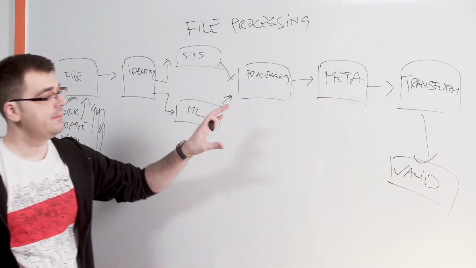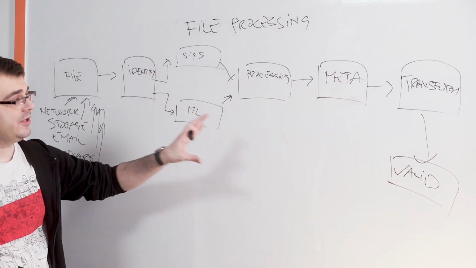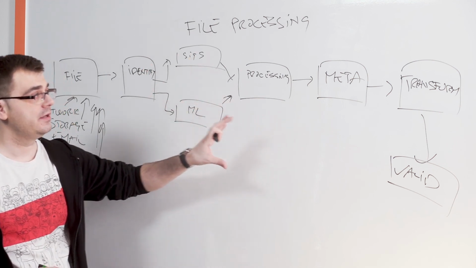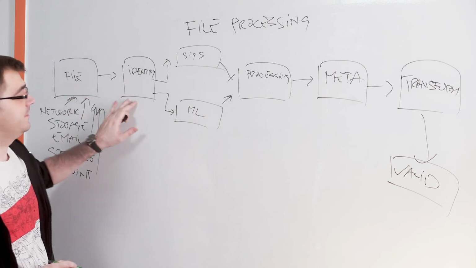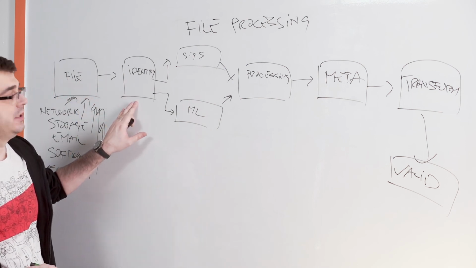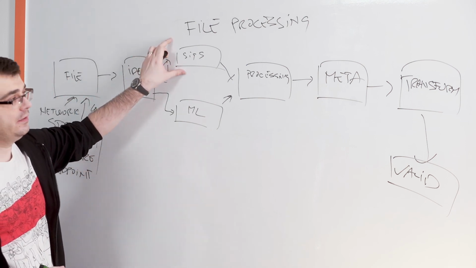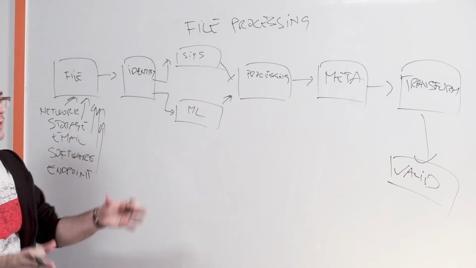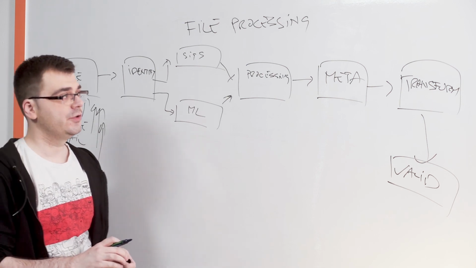We need to make sure that the metadata is valid. So validation of the metadata and the file content helps us to understand if the file format we identified is according to spec. So if here we identify the zip file or an email message, here we validate that in fact, it's been structured properly.